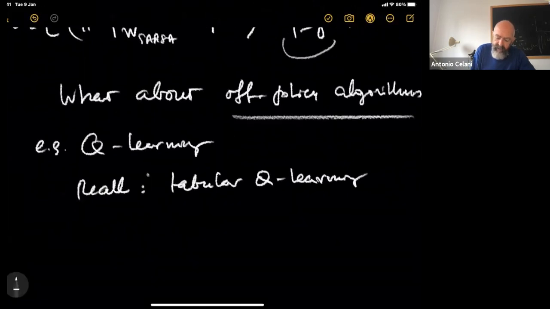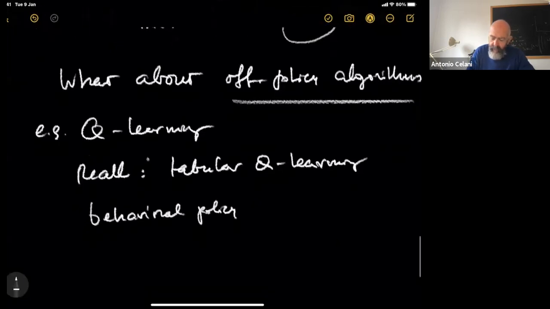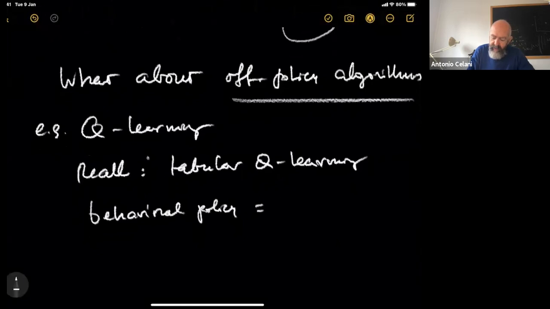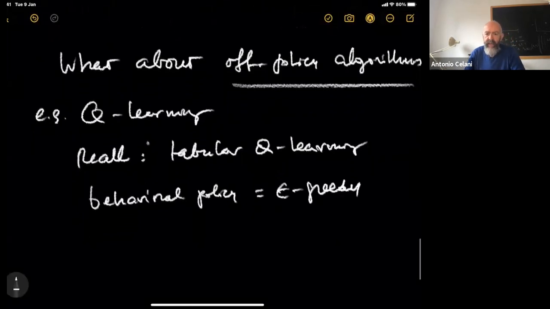So the behavioral policy is epsilon greedy. Okay, so you choose actions according to the epsilon greedy strategy.